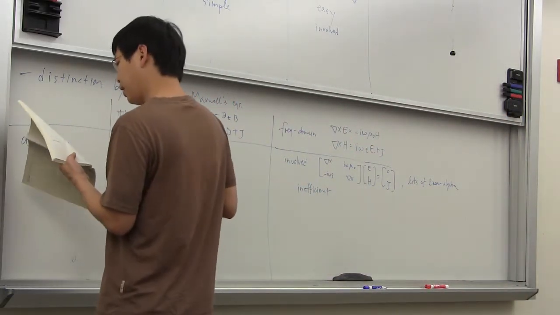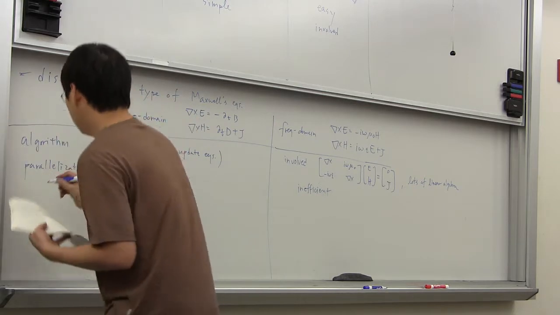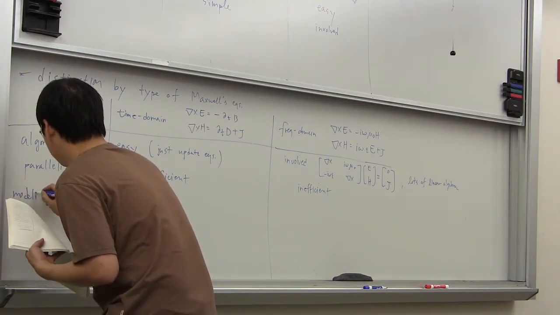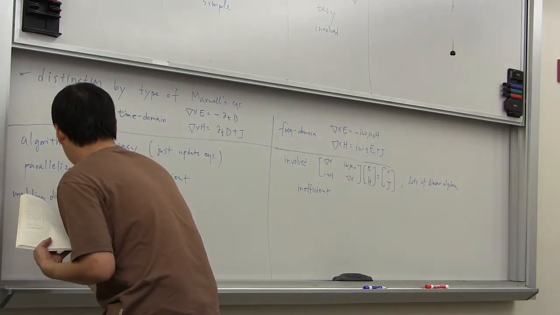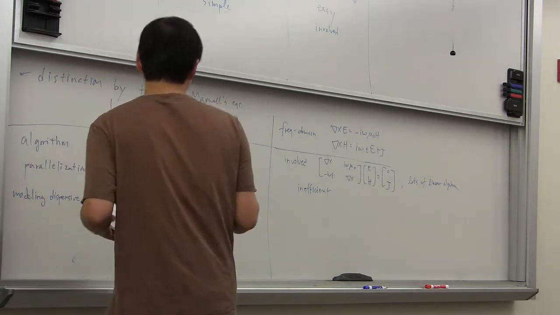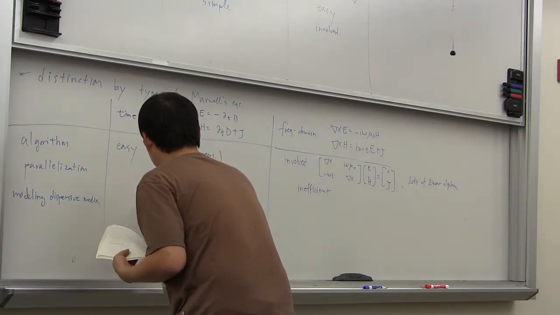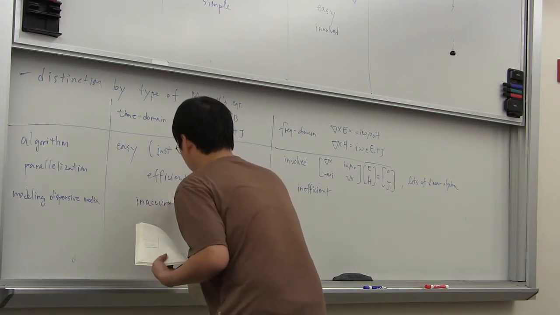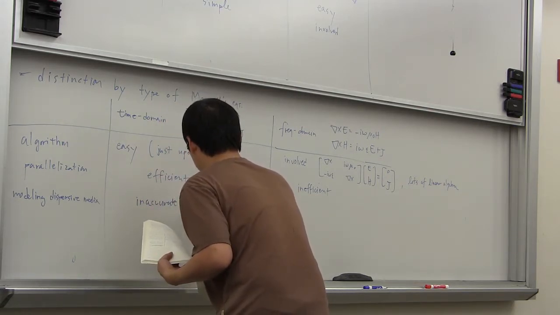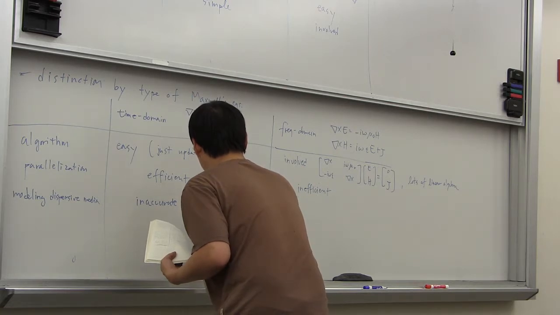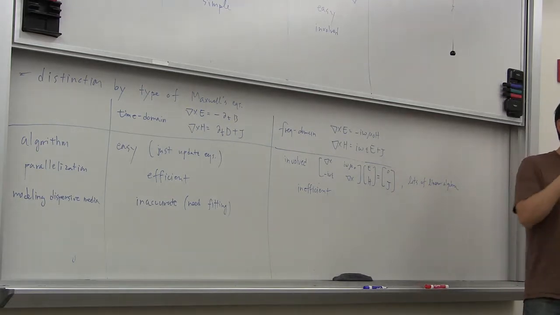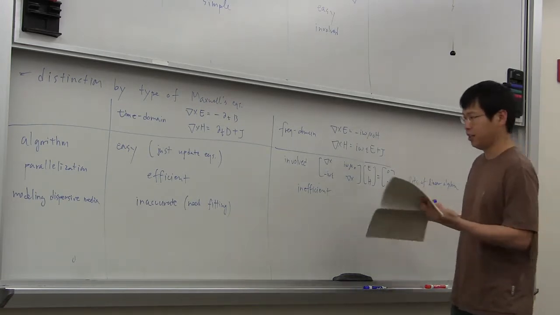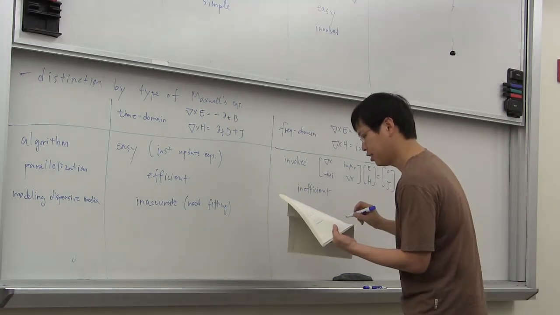And modeling dispersive media. It is inaccurate in time domain because you need to fit epsilon of omega with an analytic function, as I discussed earlier in different classes.